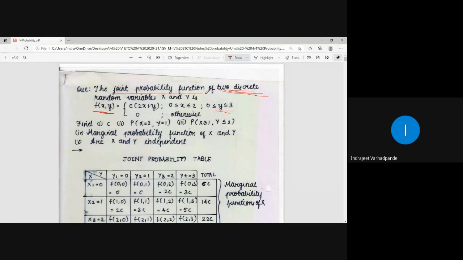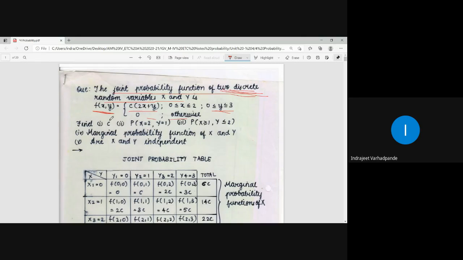The joint probability function of two discrete random variables x and y: though the function appears in interval form, this is not a continuous random variable question, it is an example of a discrete random variable. The joint probability function is defined by c into 2x plus y, for 0 less than or equal to x less than 2, 0 less than or equal to y less than or equal to 3, and 0 otherwise.